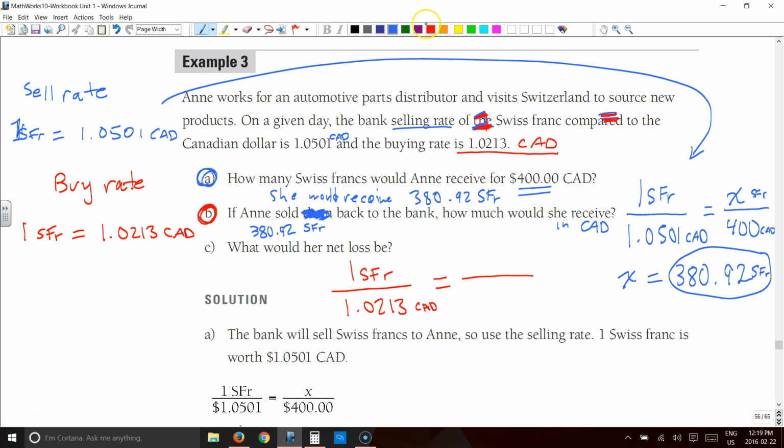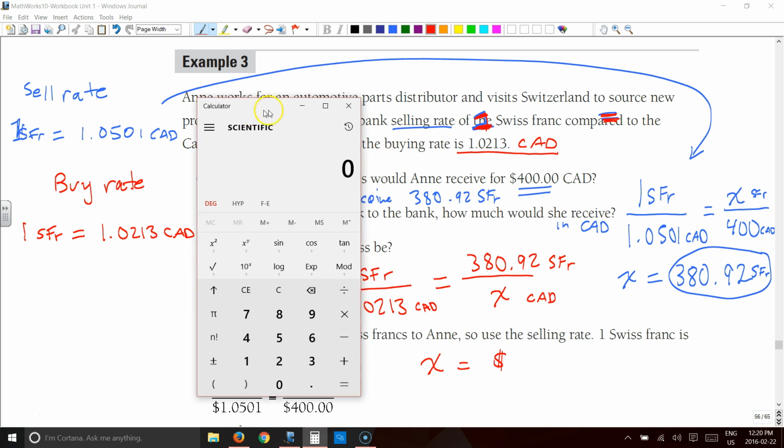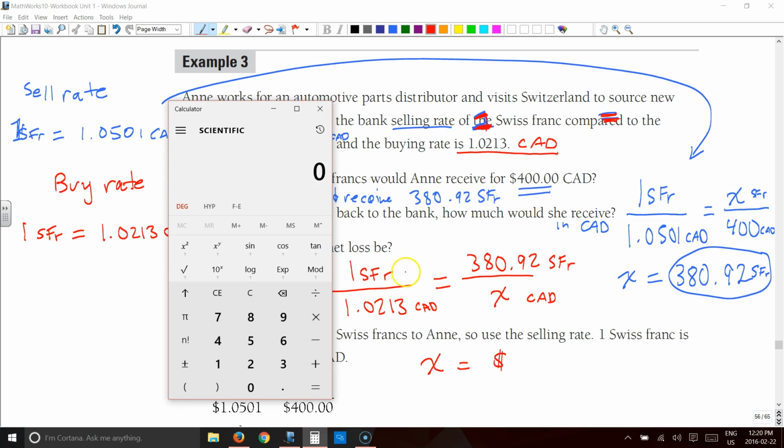So that means that 380.92 Swiss francs goes on top because the Swiss francs are on top. So 380.92 Swiss francs are going to be sold back to the bank, and we are going to receive an unknown amount of Canadian dollars. All right, let's cross multiply and divide. I'll just do it down here. X in Canadian dollars is going to be, all right, so we are going to look at the X. There it is.